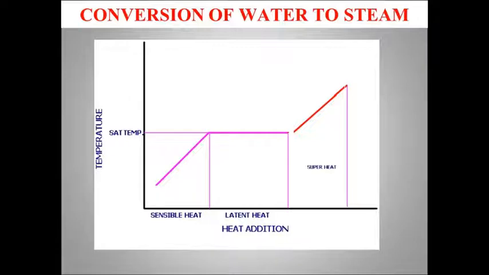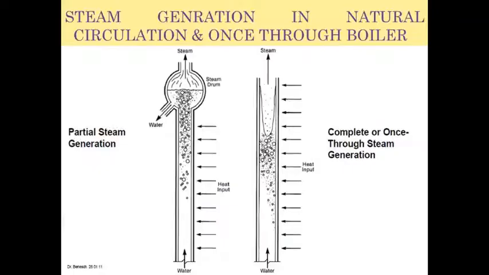As we change the pressure, naturally the saturation temperature changes, and with the change in saturation temperature, the distribution pattern of the amount of sensible heat addition, latent heat addition, and superheat addition changes on the steam quality. So, as we go on increasing the boiler pressure, the latent heat of vaporization requirement reduces and sensible heat gain requirement increases.